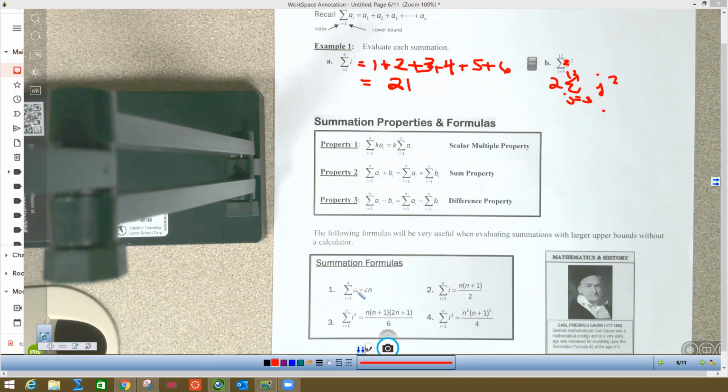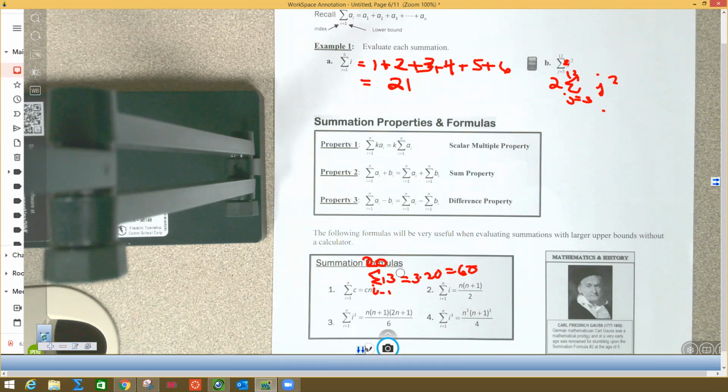If you've got a constant C, like if I said the sum of i equals 1 to 20, and this number was 3 here, then instead of doing 3 plus 3 plus 3 plus 3, because there's no i to change, you just take the 3 times the 20. That summation would be 60, because you have 20 3's. So these are kind of shortcuts.